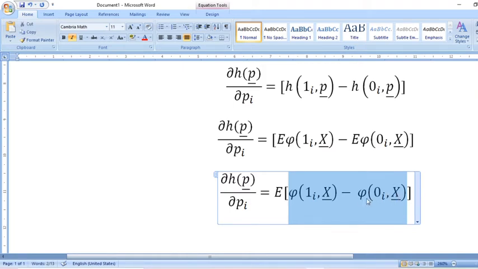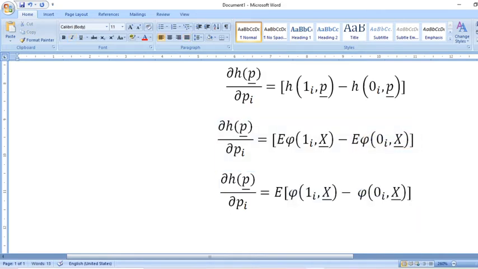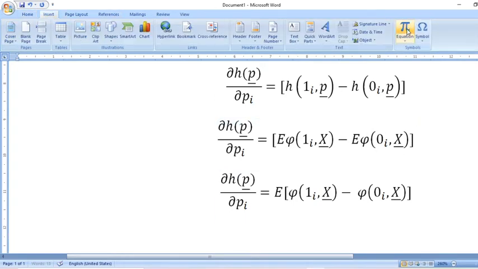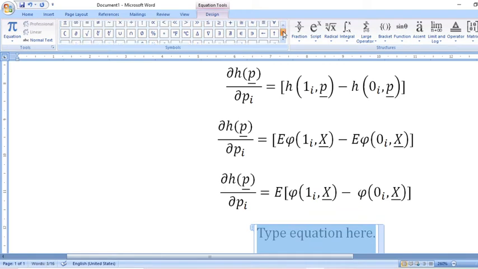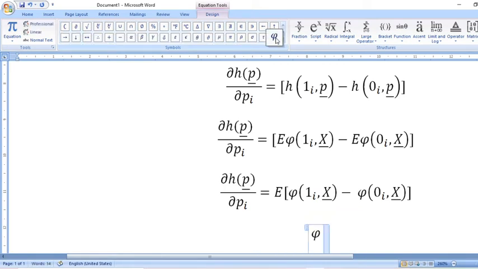So the value of phi of 1i comma x will be greater than or equal to phi of 0i comma x. What is the reason? Phi is coherent. What is the meaning of coherency of a reliability system?